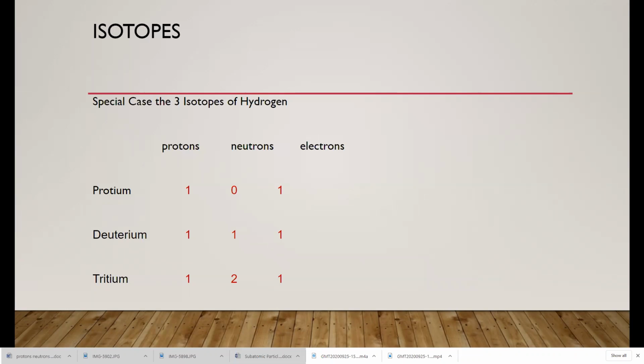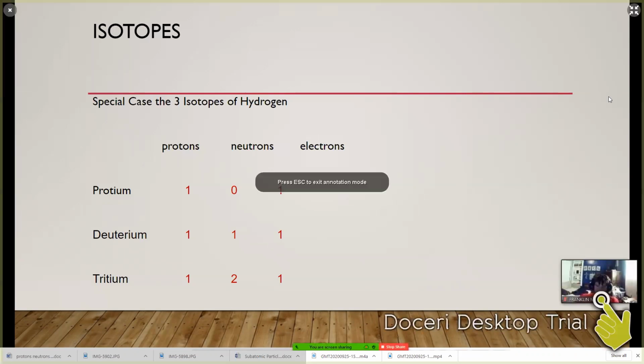Okay. All right. So isotopes, we can look at these of hydrogen. Hydrogen has 3 isotopes that are very common. They're so common that they actually have their own name. Hydrogen is element number 1 on the periodic table. So that means it has 1 proton. So you can see these 3 isotopes, protium, deuterium, or tritium.